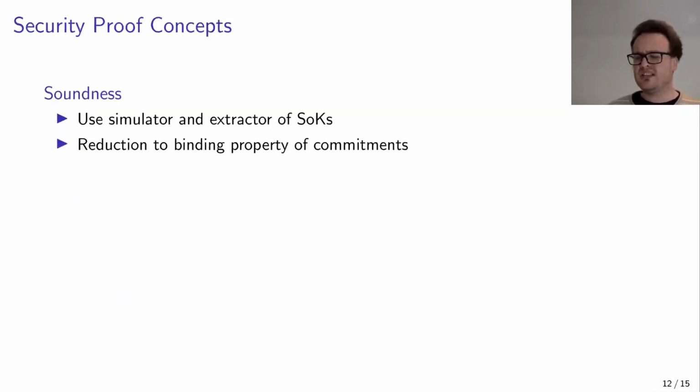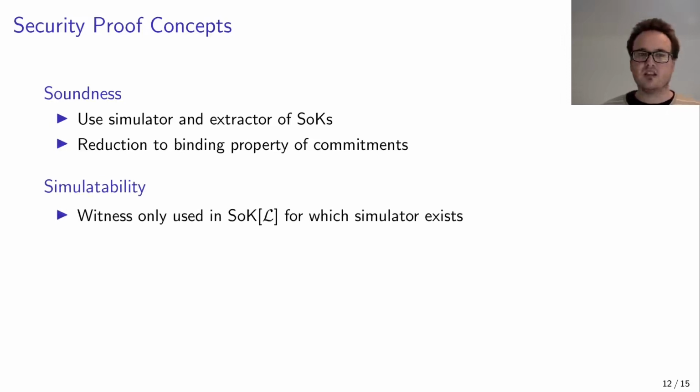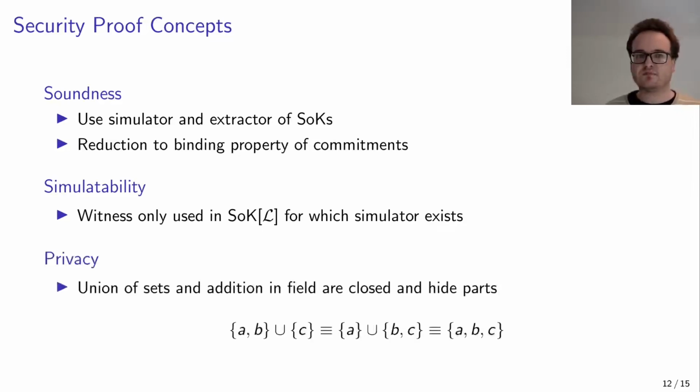So why is it all secure? The soundness comes from the simulator and the extractor of the signatures of knowledge, and then it reduces to the binding property of the commitments. The simulatability holds because the witness is only used in the signature of knowledge for the actual signing. So our wrapper does not have any secret input.